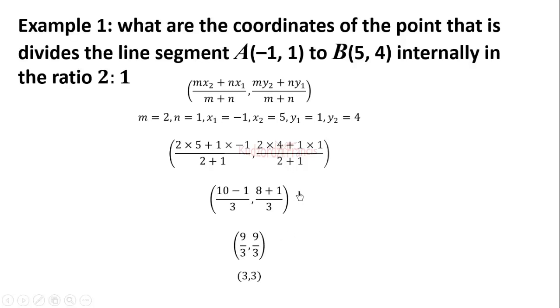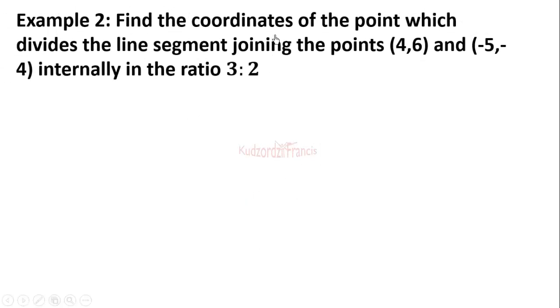Now let us take another example. Find the coordinates of the point which divides the line segment joining the points (4, 6) and (-5, -4) internally in the ratio 3:2.